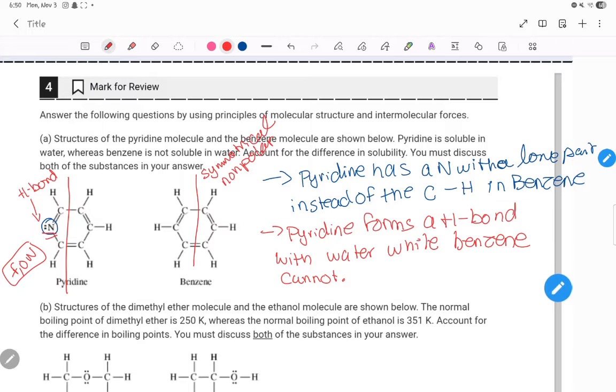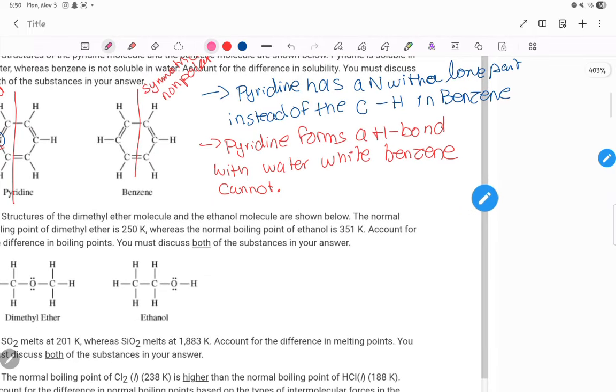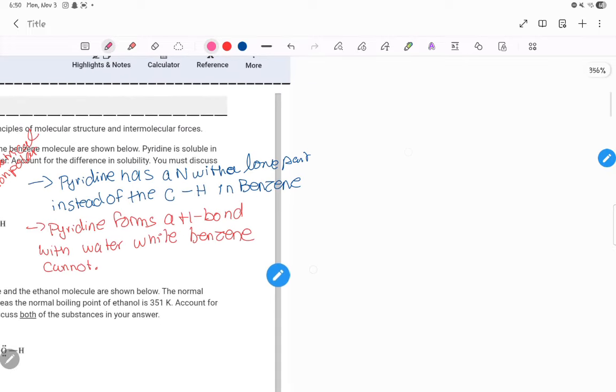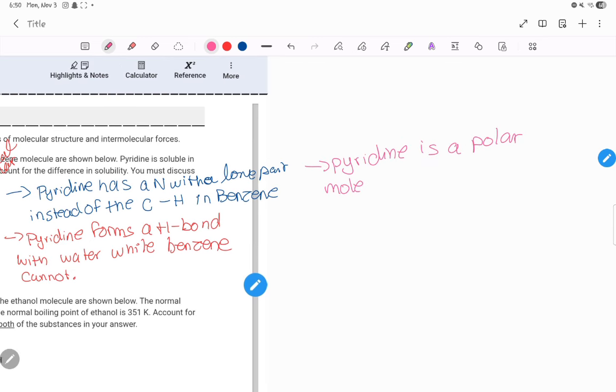So the third thing we're gonna state, I'm gonna write it on the side: pyridine is a polar molecule, right? And benzene is a non-polar molecule.